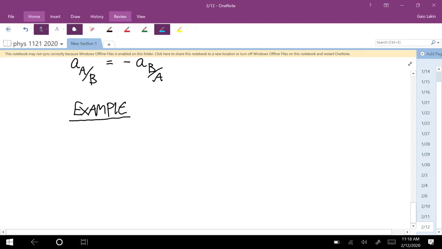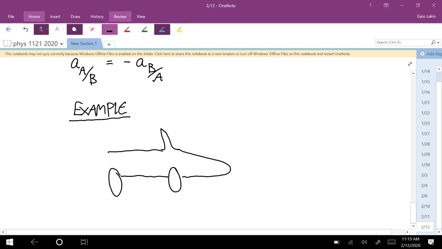So let's say that you're in a car. Let's make it a convertible so you can see what's going on.